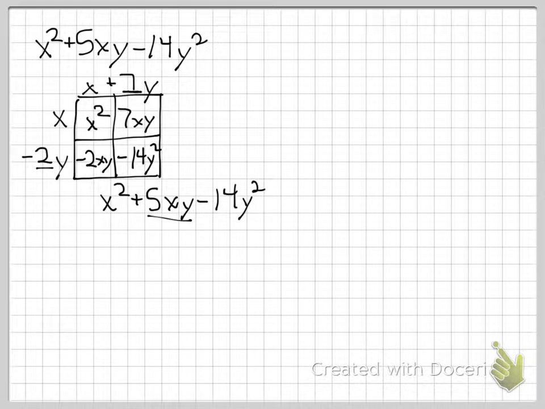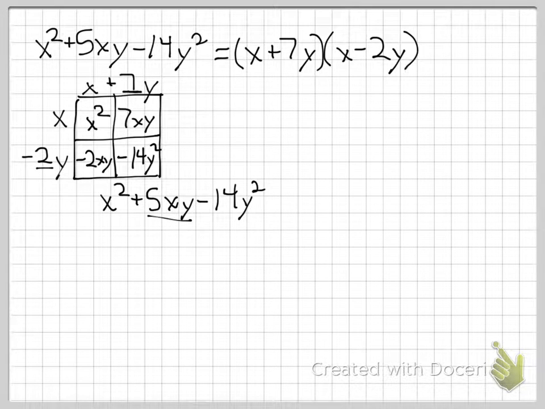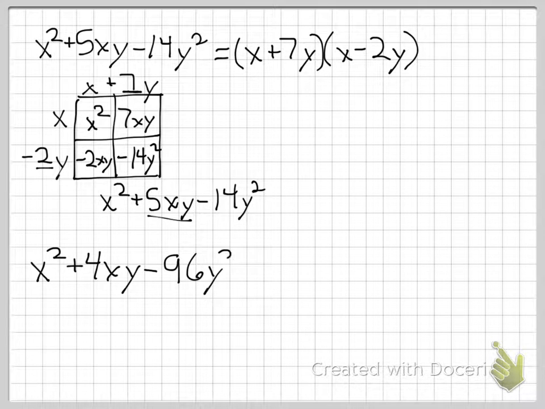So that factors again to be x plus 7y times x minus 2y. Okay, let's do that one.